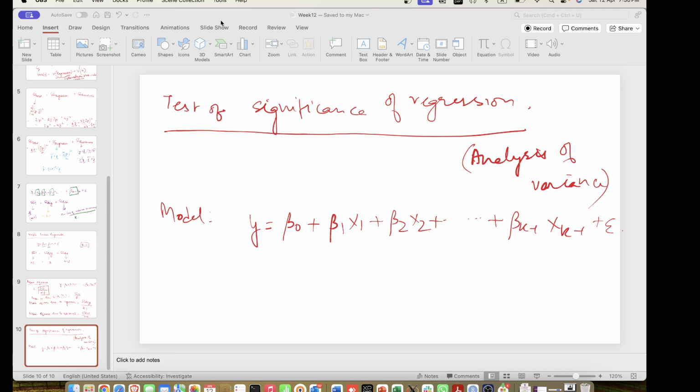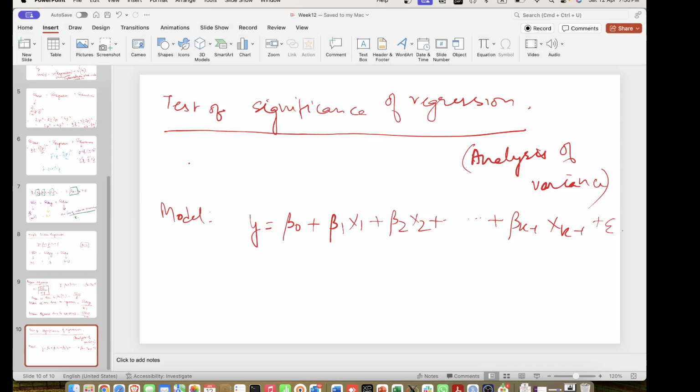Okay, sorry. So in such a scenario, where we want to justify or test if the regression itself makes sense, or in other words, are these variables supposedly influencing y? Do the variations in these variables contribute to the total variation in y?